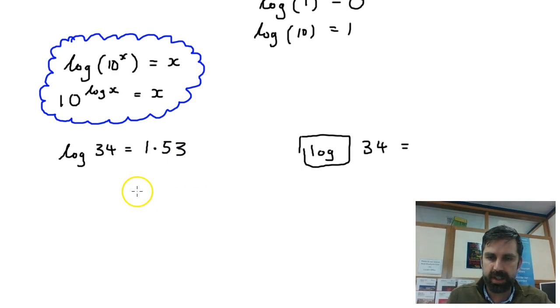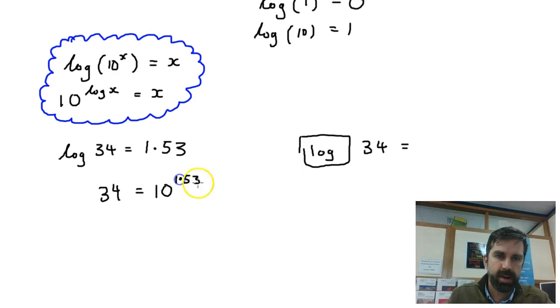In the olden days, you would have had to look that up in a table in the back of your maths book, but luckily you've got a calculator that'll do that for you. And what that tells us is that 34 is equal to 10 to the power of 1.53.